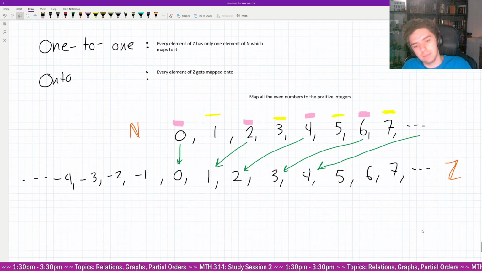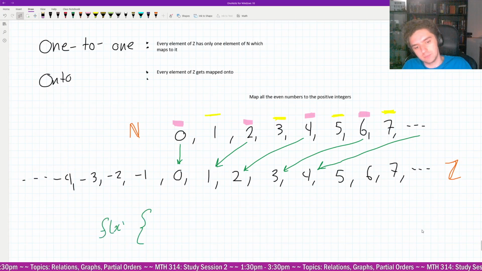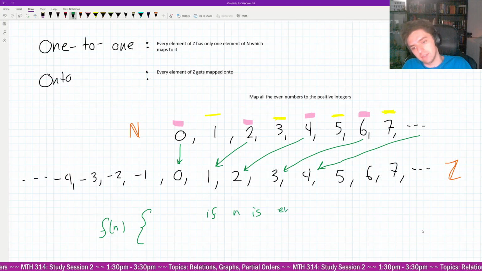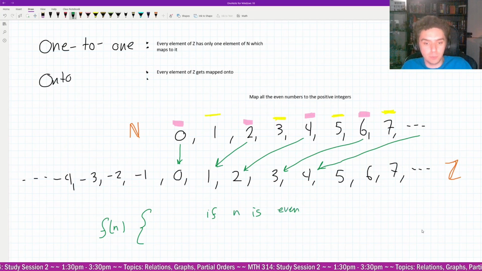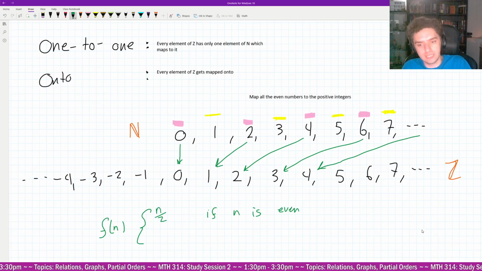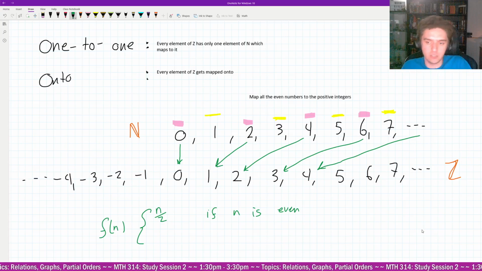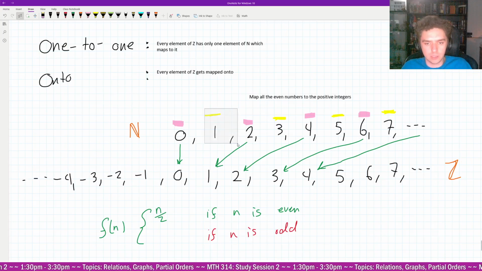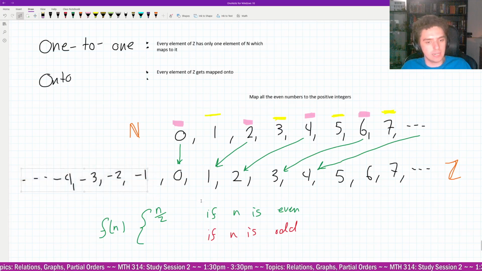Well, if I say f of n, if n is even, then I want to output n over 2. 0 to 0, 2 to 1, 4 to 2, 6 to 3. You're just dividing by 2. 8 to 4. But notice, I haven't done anything if n is odd yet. All my odd numbers I haven't done anything with, and they're all ready to map onto our negative numbers.